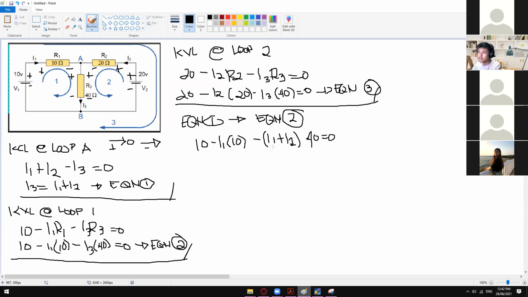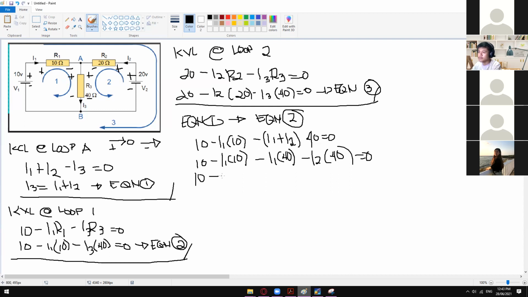In here, we can simplify this a little bit more into 10 minus I1 times 10 minus I1 times 40 minus I2 times 40 is equal to 0. So just add or combine similar units.